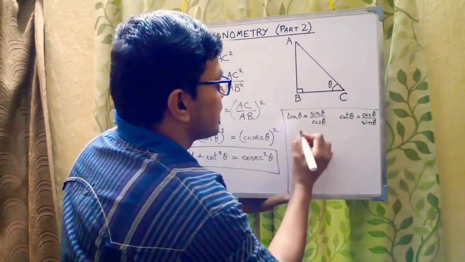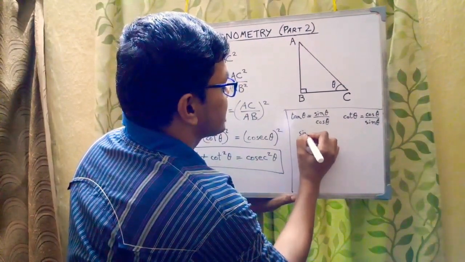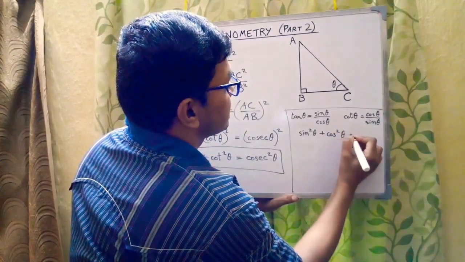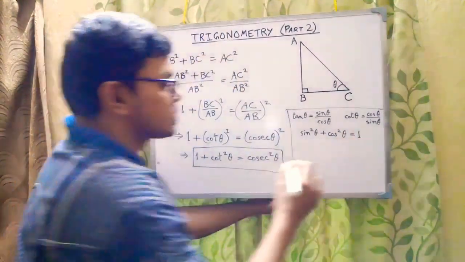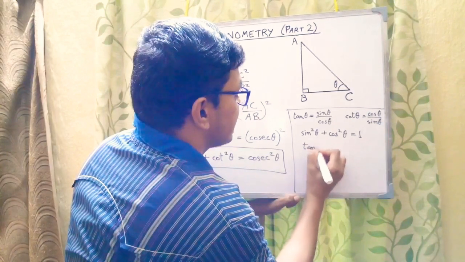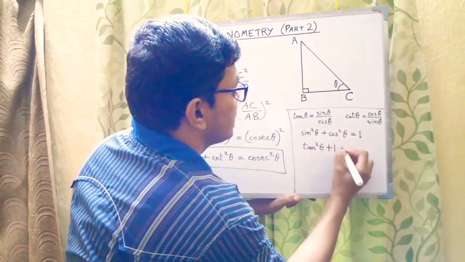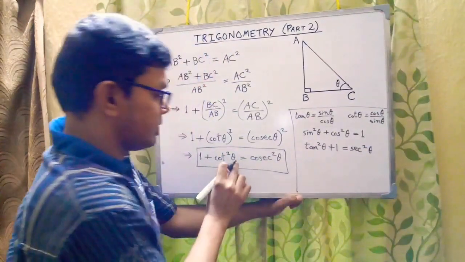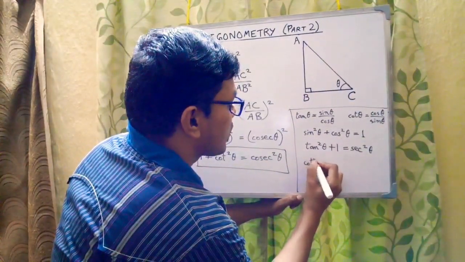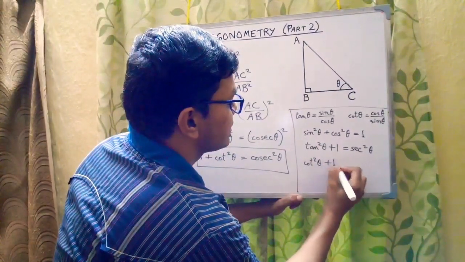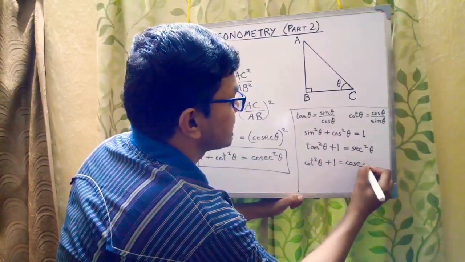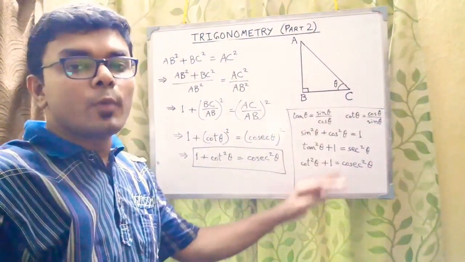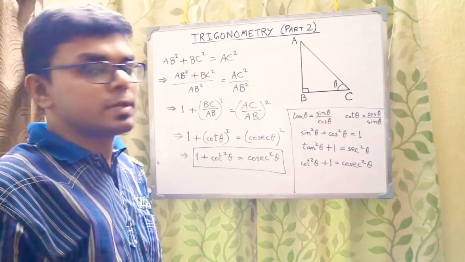The next identity which we learned was sin square theta plus cos square theta equals 1. The next one, tan square theta plus 1 equals sec square theta. And the next, which is this one, cot square theta plus 1 equals cosec square theta. So these are the very important identities of trigonometry.